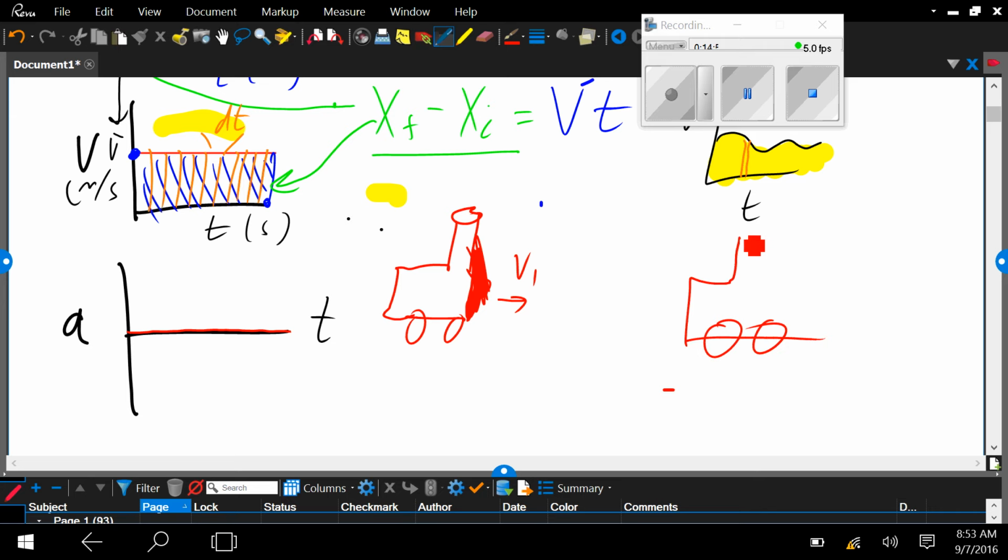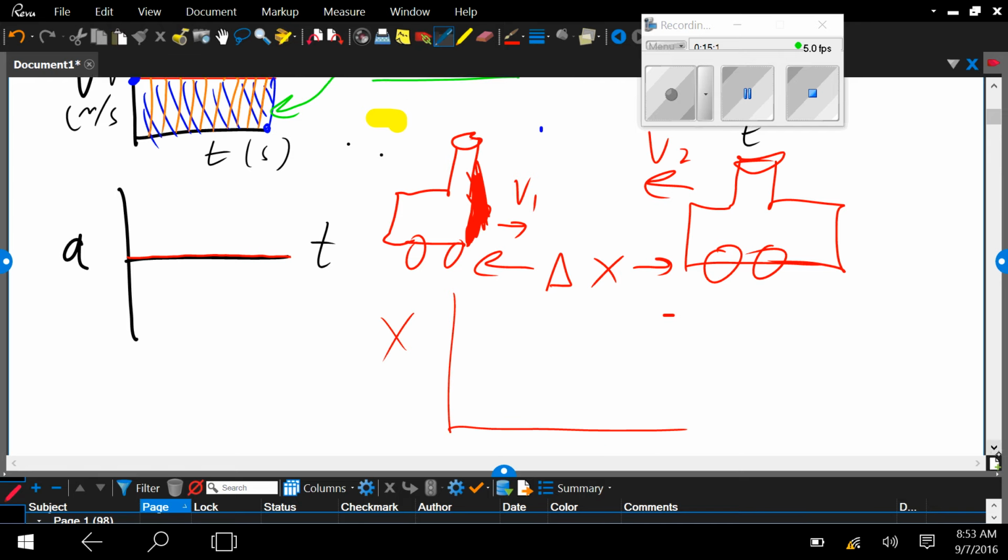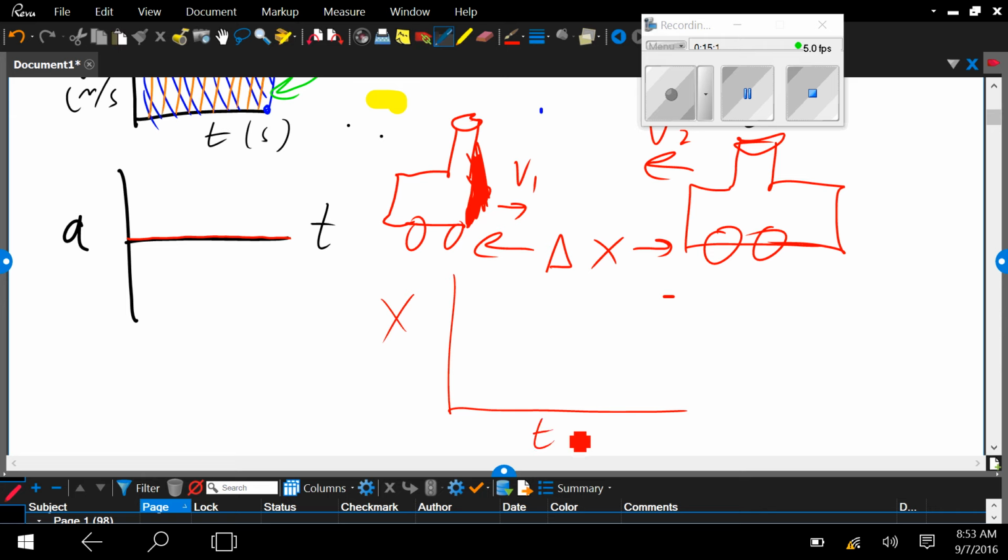Okay, and here's a bigger train, and this one has its own speed v2, and in between them is a distance delta x. Okay, and so if you were graphing their position and their time like so, let's give some of these values numbers here.